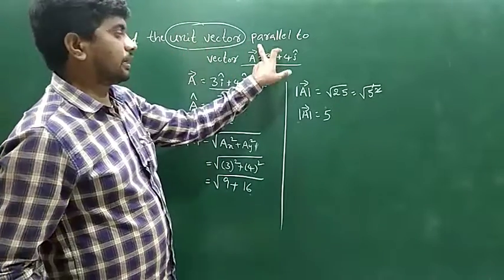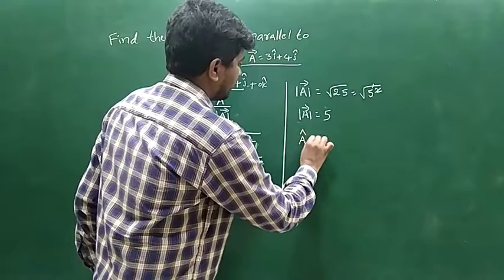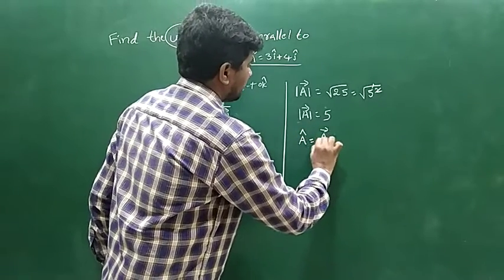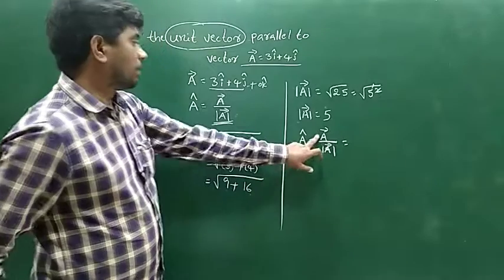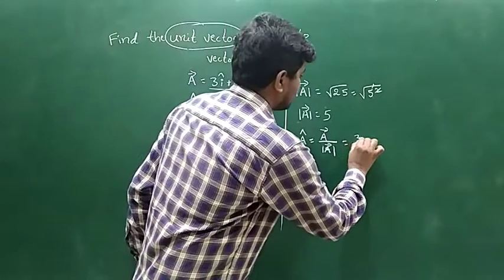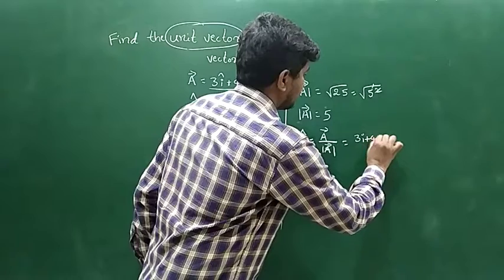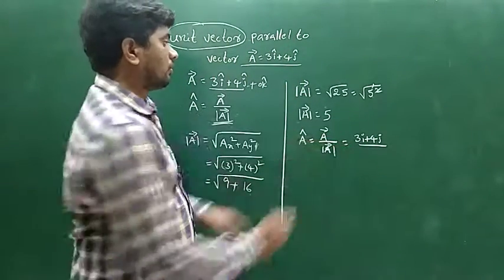To find out the unit vector, the formula of unit vector a cap is equal to a bar by magnitude of a bar. Therefore, a bar equal to 3i plus 4j, divided by the magnitude of a bar equal to 5.